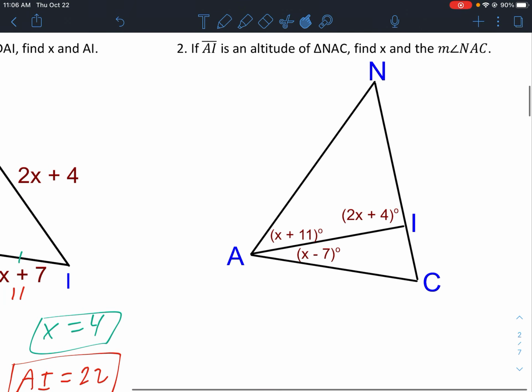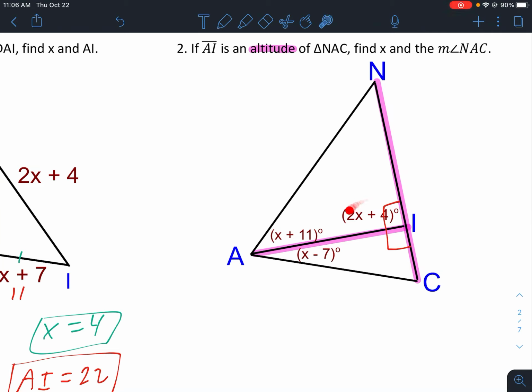Number 2, AI is an altitude. As soon as I see the word altitude, I should be thinking perpendicular lines. Okay, so here's AI right here. What lines are perpendicular? Well, that's going to be AI and NC. So these two angles here are right angles. So as soon as I see the word altitude, I should be thinking right angles, which are 90 degrees.